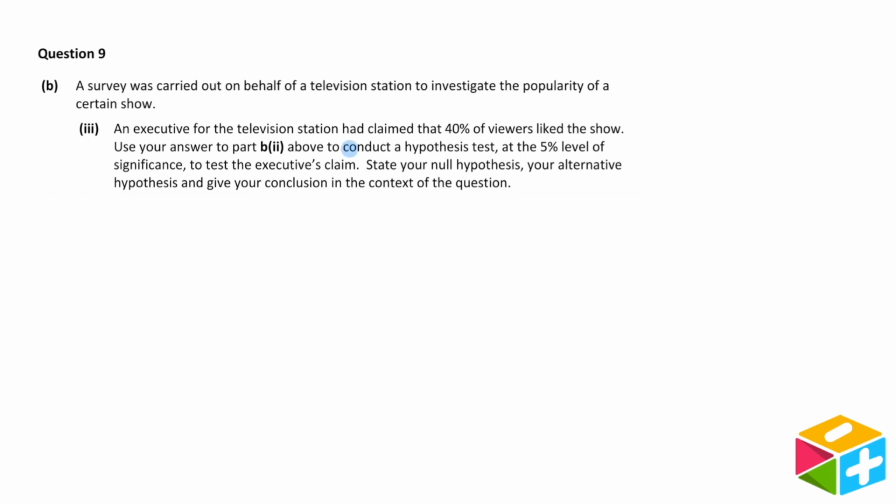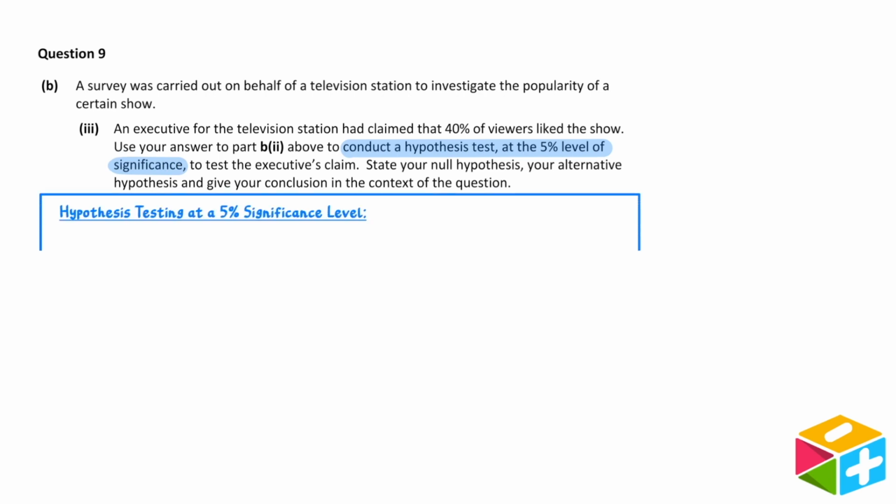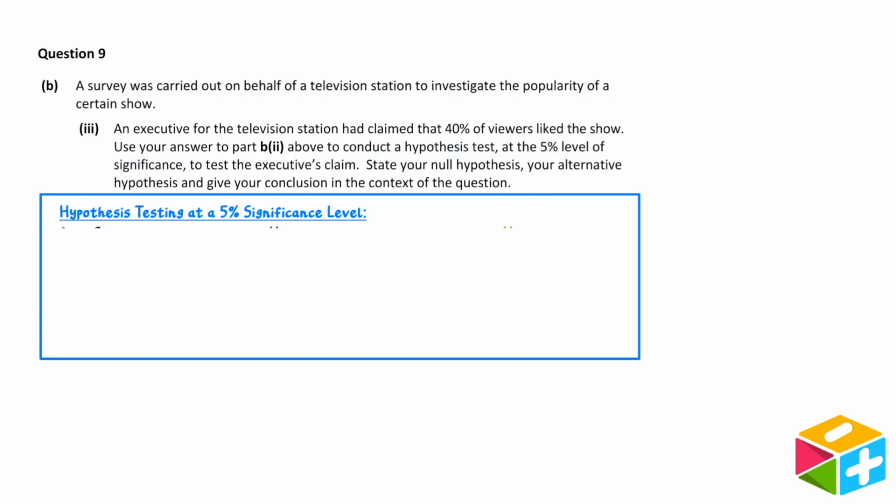In this question, we must conduct a hypothesis test at a 5% level of significance. This procedure can be broken down into a number of steps. The first step is to state the null hypothesis, H0, and the alternative hypothesis, H1. In our scenario, the executive claimed that 40% of the viewers liked the show.